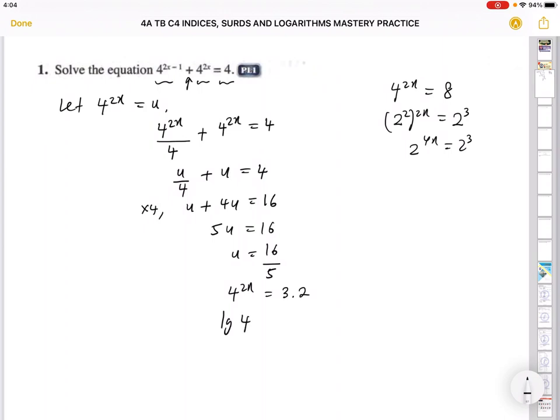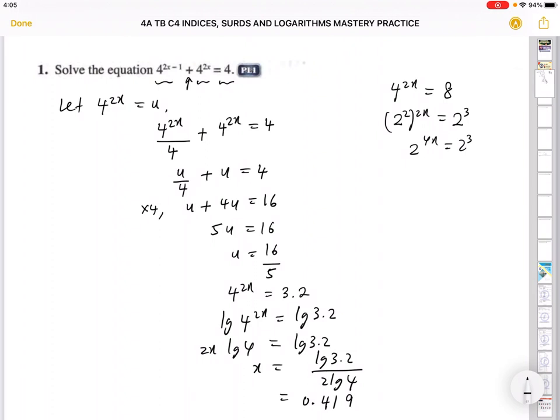What we do is we introduce log base 10 on both sides of the equation, bring the power down, and you divide everything. Log 3.2, you divide by 2 lg 4. Now, use your calculator, you will get 0.4195. Okay? So I think question 1 is not difficult, right?